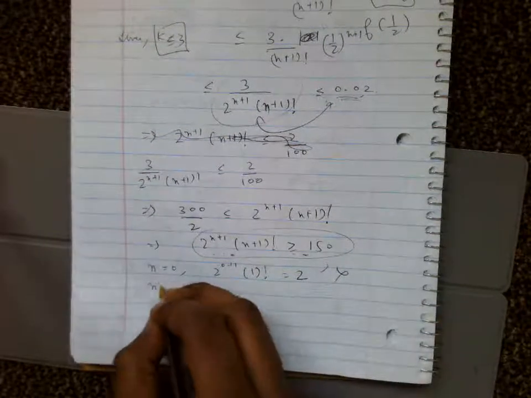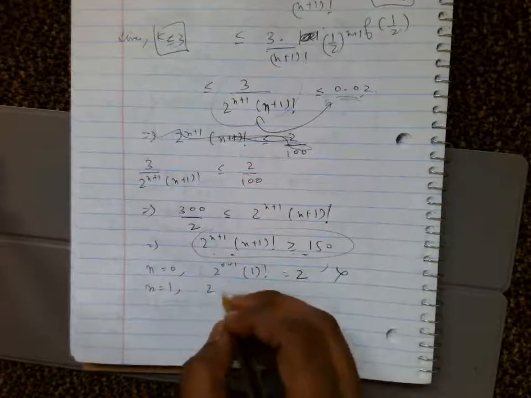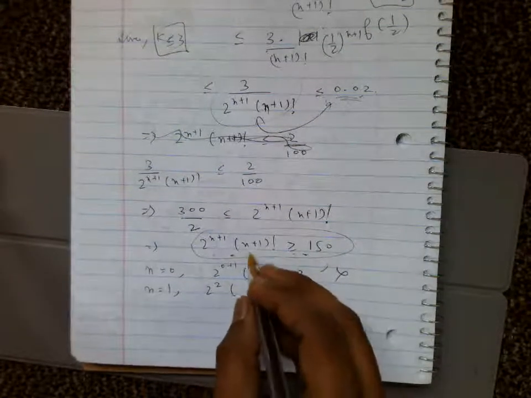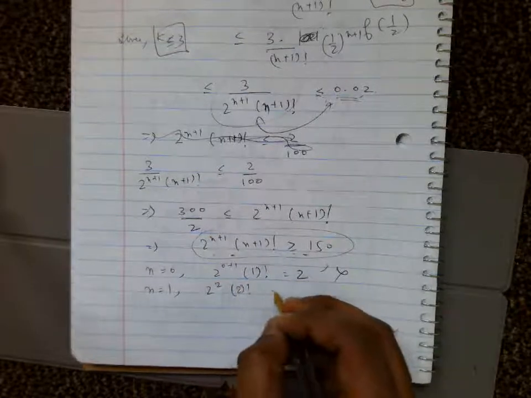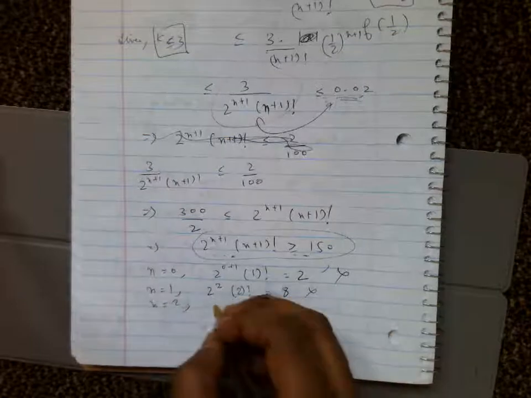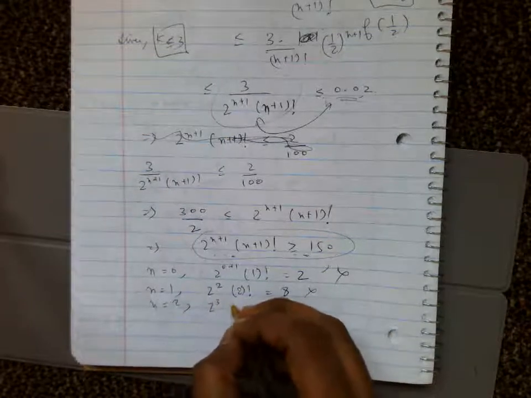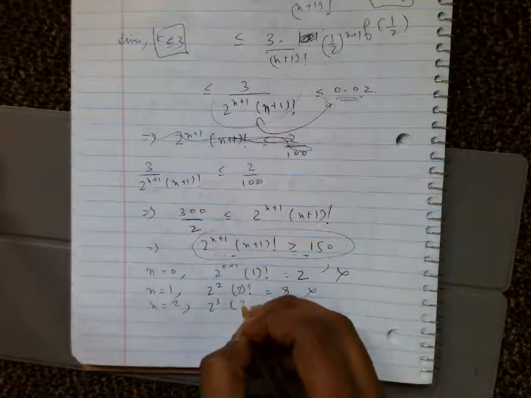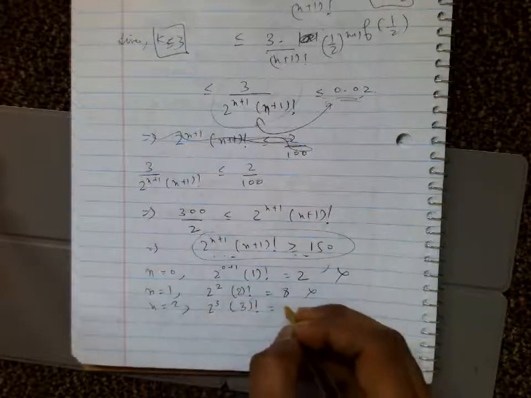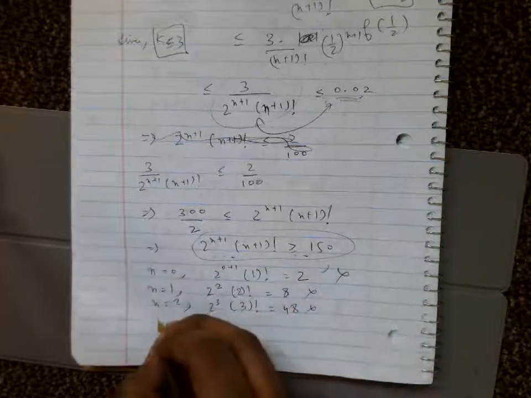So let's check for n equal to 1. We get 2 to the power 1 plus 1 is 2 times 2 factorial, so this is 8, which is still not true. Let's check for n equal to 2. We get 2 to the power 3 times 3 factorial. So this is 6 times 8, which is 48, still not enough.